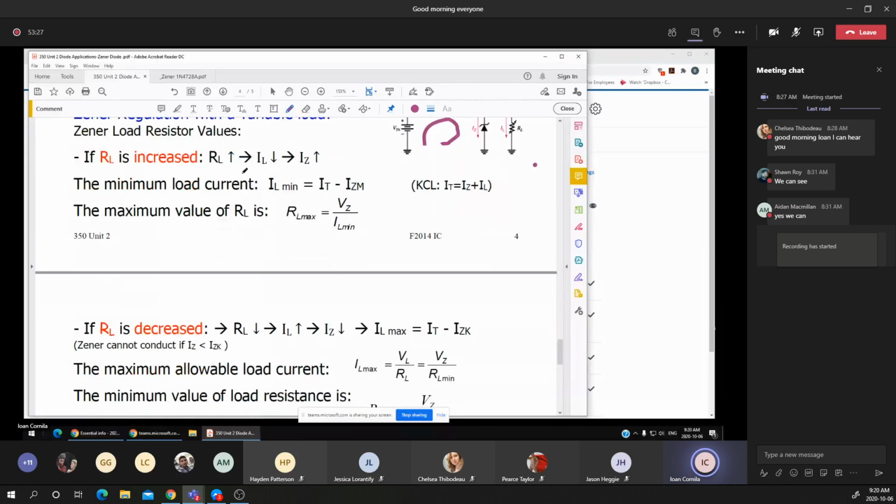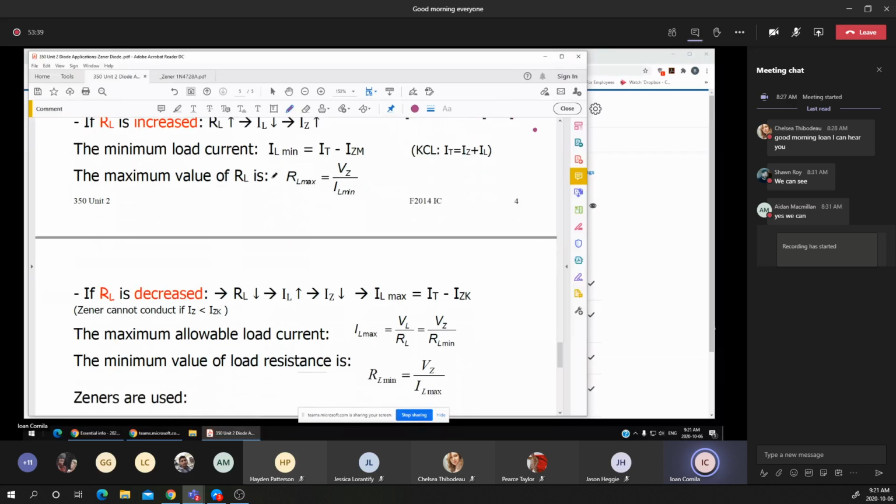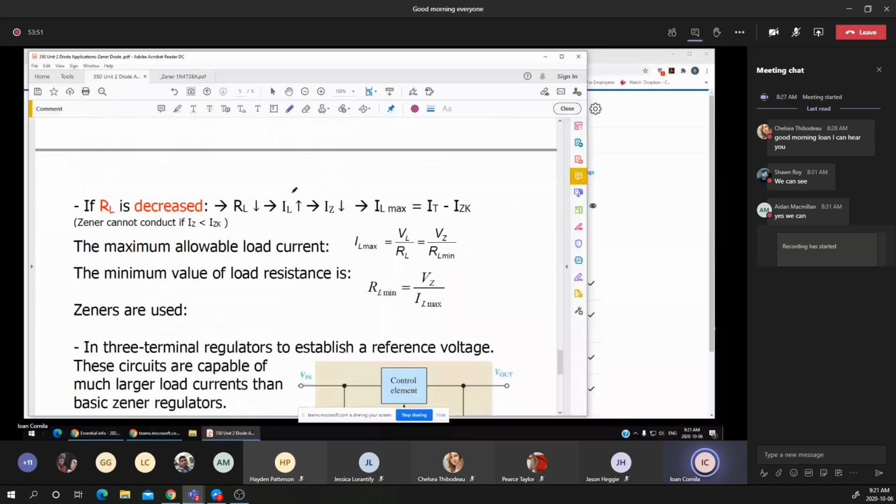As the RL is increased, the other currents are changing: the IL is decreasing and the IZ is increasing. To determine the minimum current, or the IL min, it is the IT minus the IZ max, and knowing the IL minimum, we can determine the IL max.